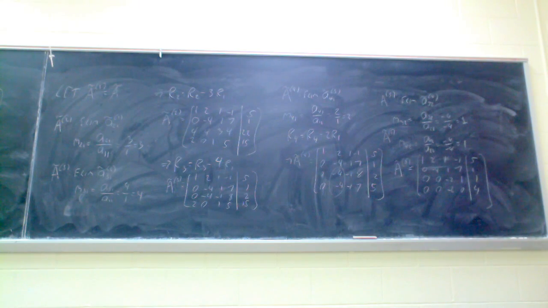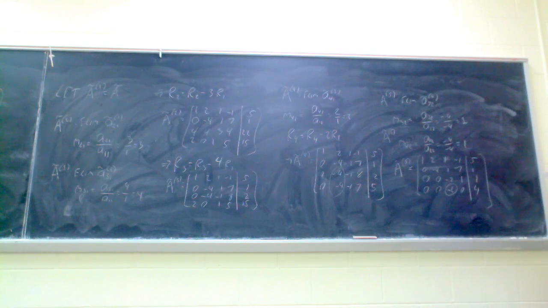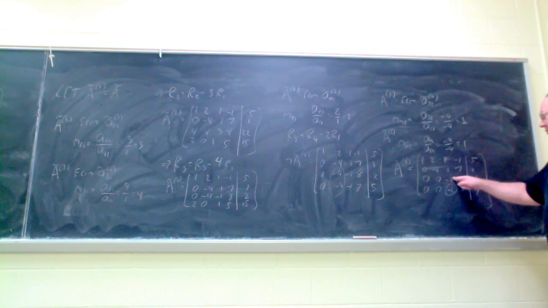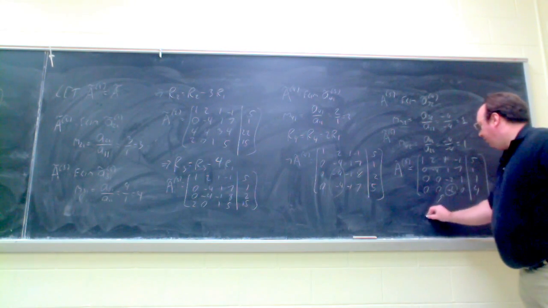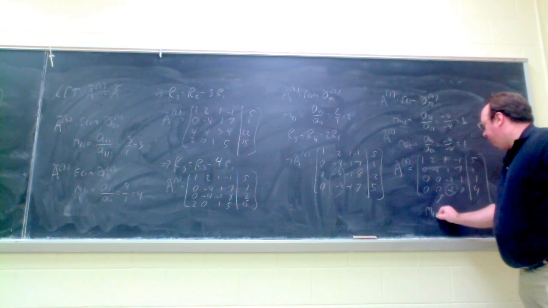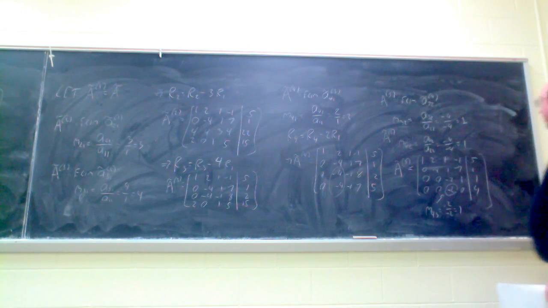Okay, so now the matrix is almost upper triangular. We just have this one entry to eliminate, and so we see that the two entries are equal, so the multiplier is again going to be 1. So M4,3, so row 4, column 3, is going to be equal to 1.